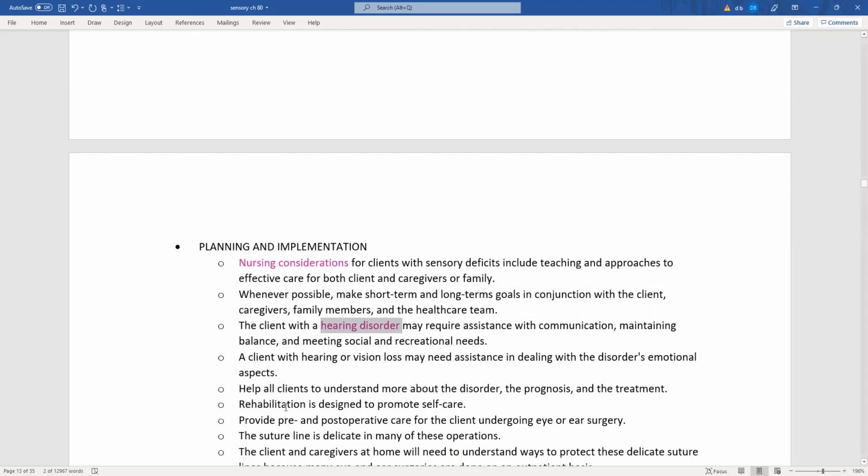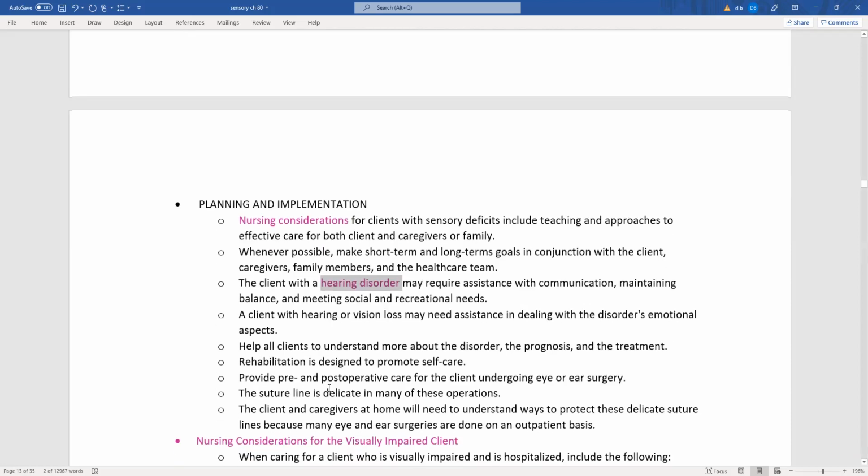Okay, so help all clients to understand more about the disorder, the prognosis and the treatment. Rehabilitation is designed to promote self care, provide pre and post operative care for the client undergoing eye or ear surgery. The suture line is delicate in many of these operations. You need to know that.